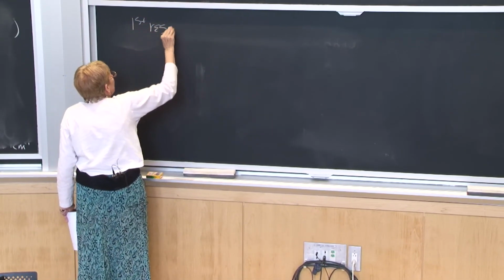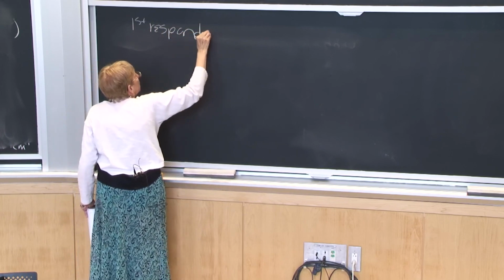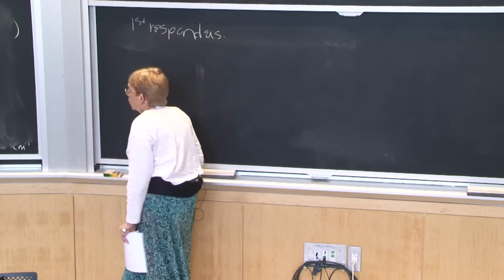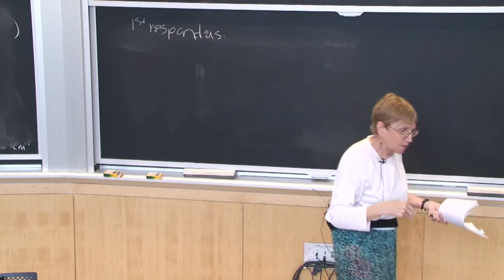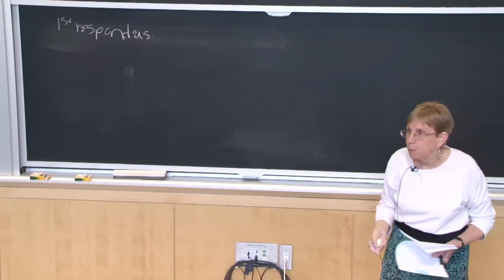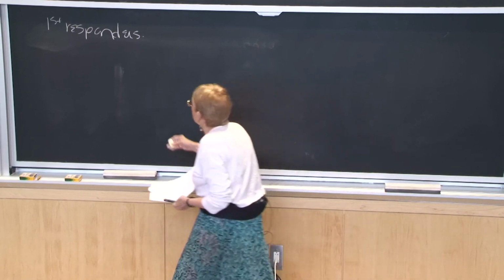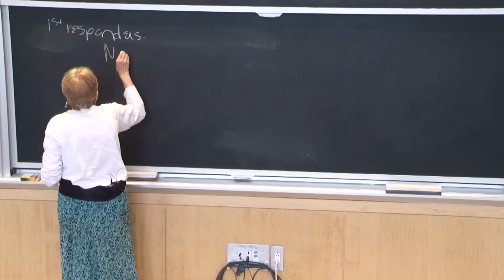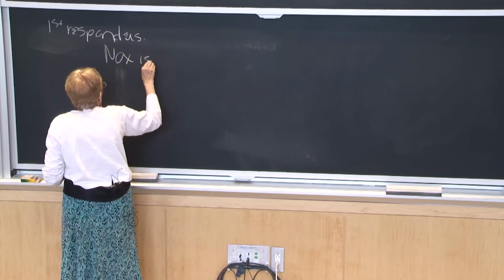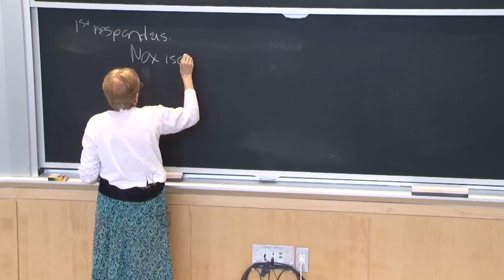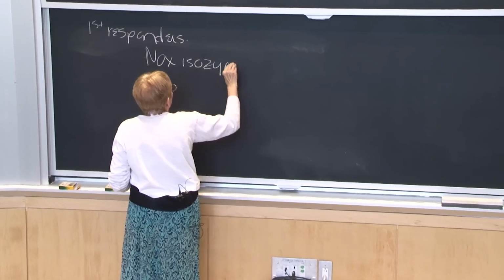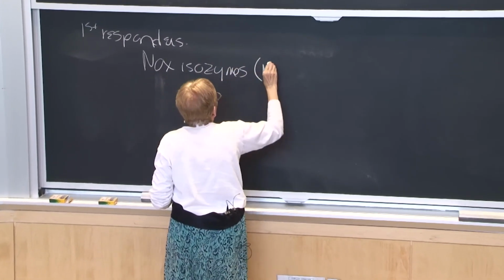We know quite a bit about this. And really what we're going to be focusing on in both today's lecture and in the next lecture is the group of isozymes called NOx proteins, NOx, NADPH oxidases.